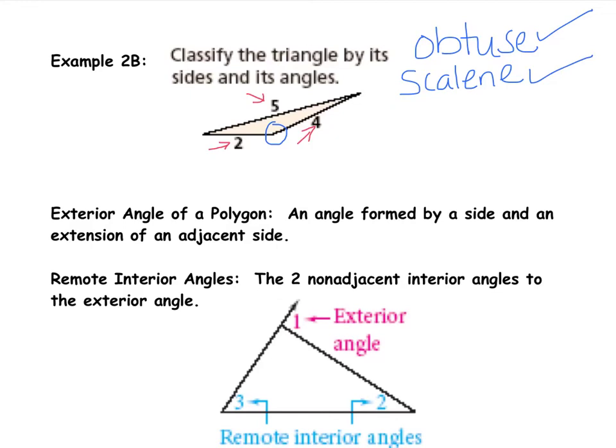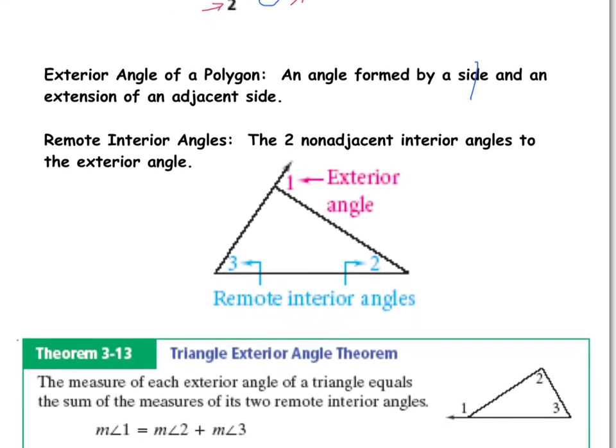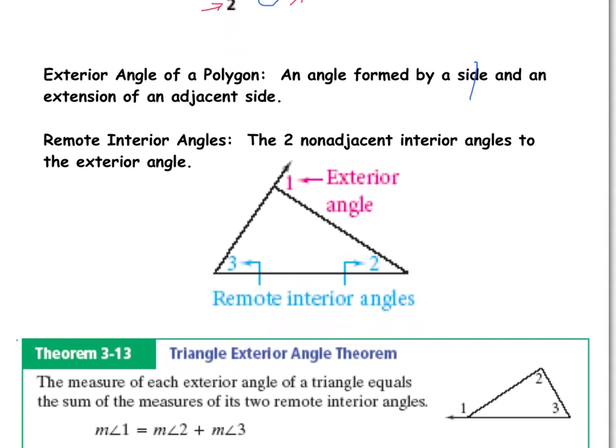All right, so now you have some definitions to fill in. Exterior angles of a polygon mean any angle formed by a side and an extension of an adjacent side. So down here you have this picture. Here's a side, and here's an extension of an adjacent side. Adjacent means next to. So that's an exterior angle.